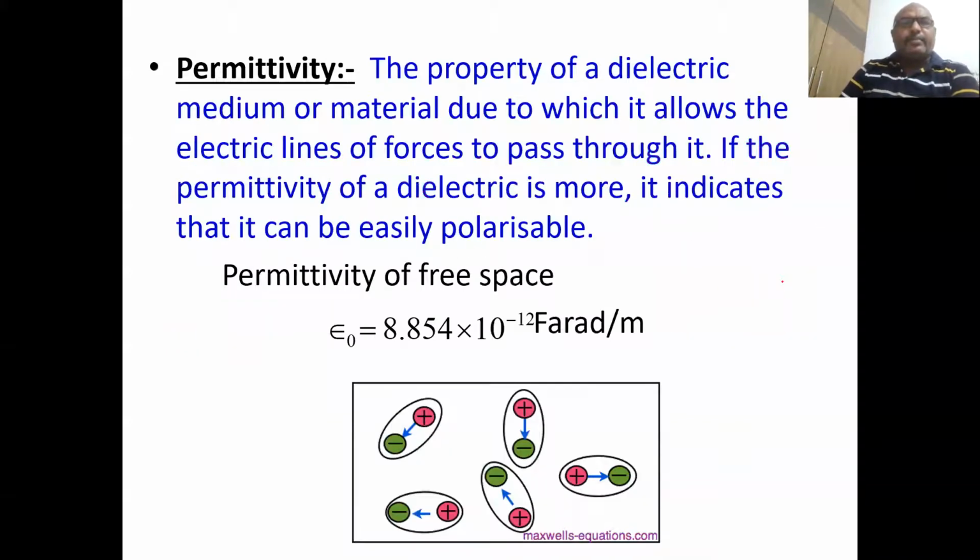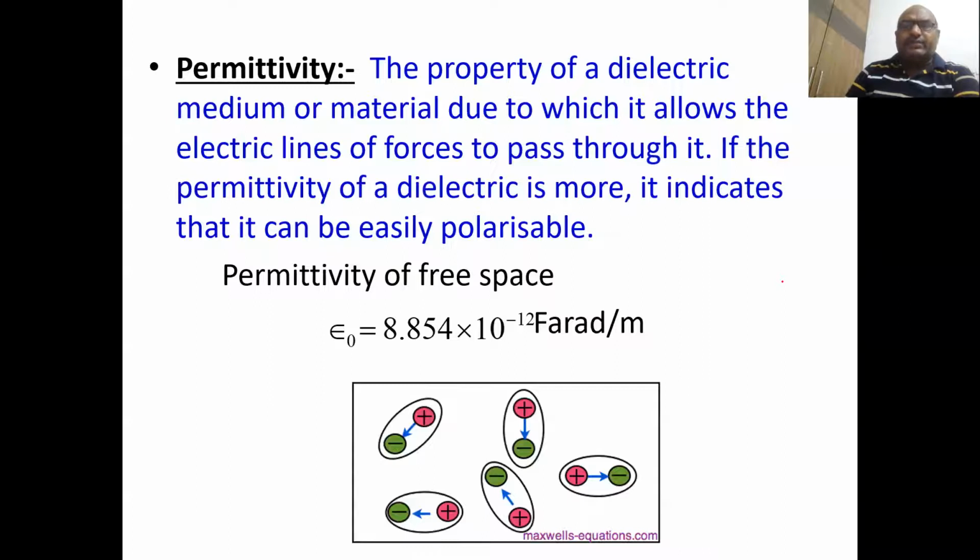What is permittivity? Permittivity is a property of a dielectric medium or material by which it allows the electric lines of force to pass through it. If the permittivity of a dielectric is more, it indicates that it can be easily polarized.